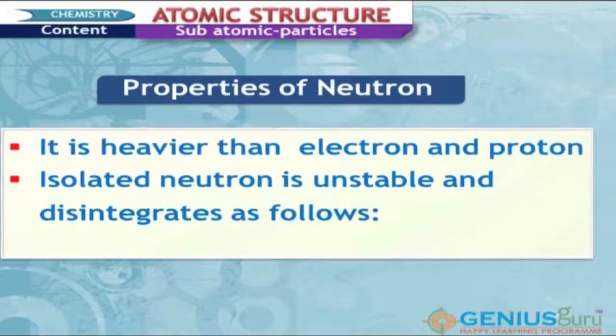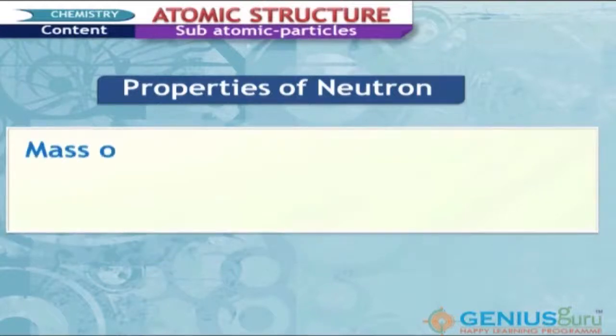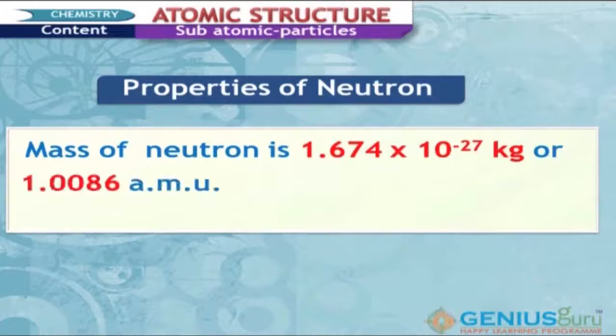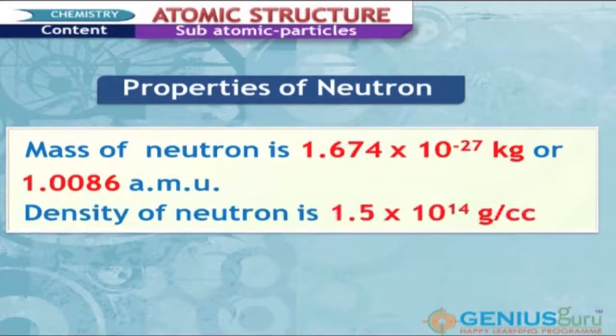This neutron will disintegrate: 0n1 gives rise to -1e0 + 1p1 + radiation. -1e0 is the electron. The mass of the neutron is 1.674 × 10^-27 kg, or if expressed in AMU, it is 1.0086 AMU, and the density of the neutron is 1.5 × 10^14 grams per cc.